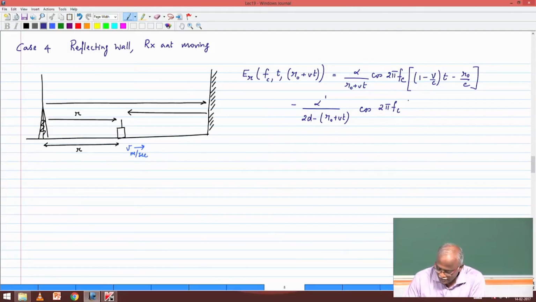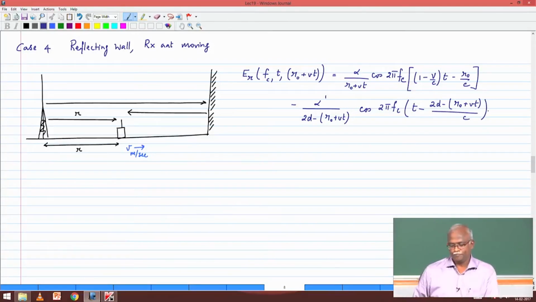2 pi Fc T minus 2d minus R naught plus Vt. Again, just substitute systematically. This whole thing divided by C is the second term. Okay, I've just changed R to R naught plus Vt in the corresponding equation in the earlier case.